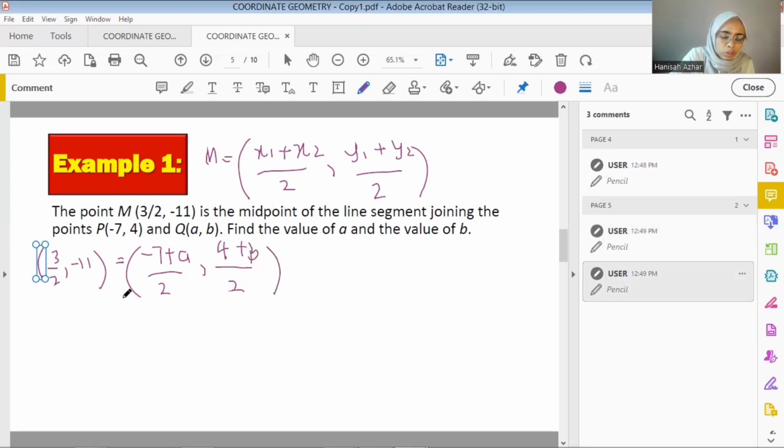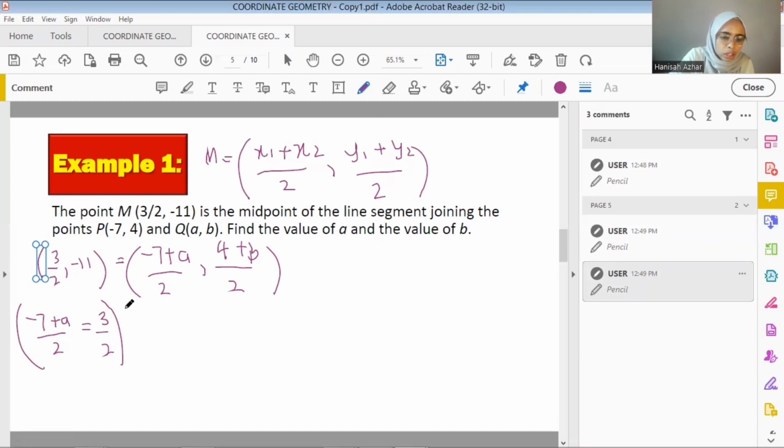So here we can solve the unknown variables separately. We solve x first. Negative 7 plus a over 2 equals 3/2.